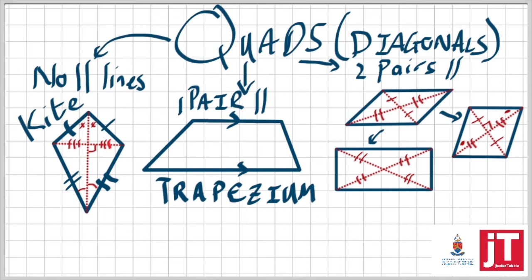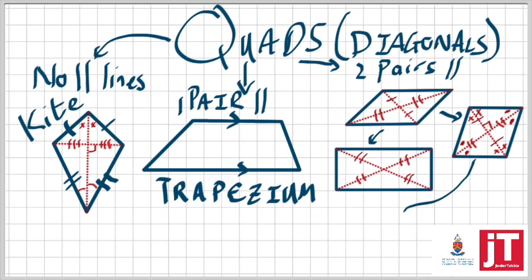Now, let's look at what happens to the angles. Those two are the same, as well as those two angles are the same. Why? Because of the sides being equal in length. Same with those two, same with those two. So your diagonals bisect the angles. So there are a lot of extra properties that come with rhombi.